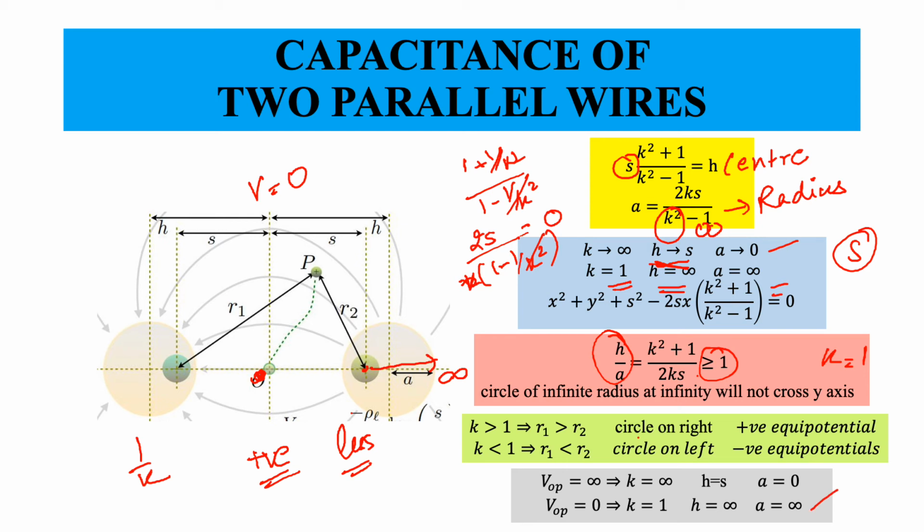So a circle with infinite radius is essentially a straight line. We will see this infinite radius circle later when we discuss the Smith chart, when we discuss transmission lines again. However, in this last example, h by a is always greater than 1, indicating that the circles would not cross over between the two. Okay.